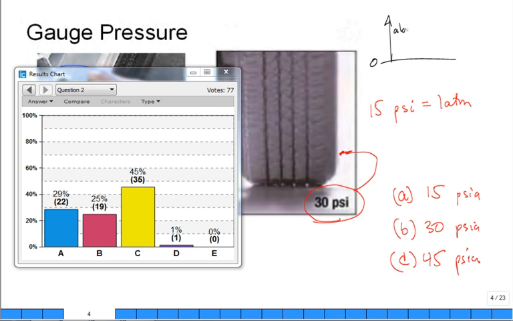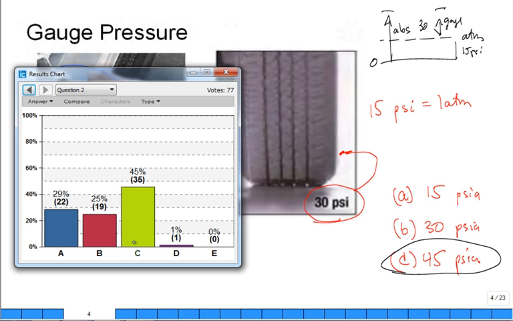If you measure it from 0, it's absolute. You also have atmospheric pressure. If you measure up from there, it's gauge. What's the difference? Well, this is about 15 psi. So if you added, you said this was 30 psi gauge. What's the total pressure? 45 psi.